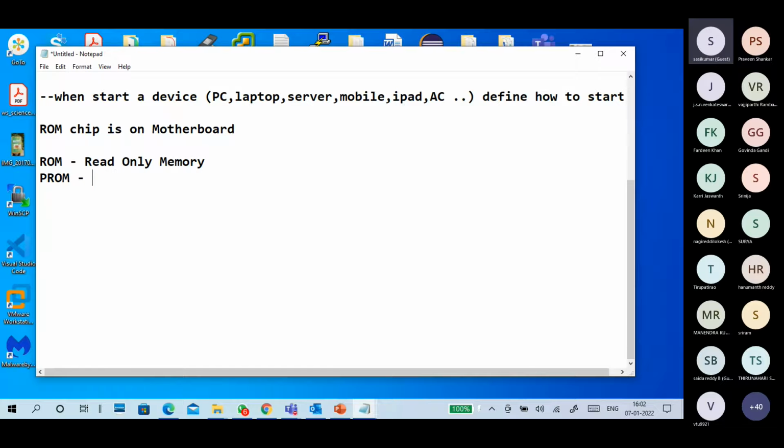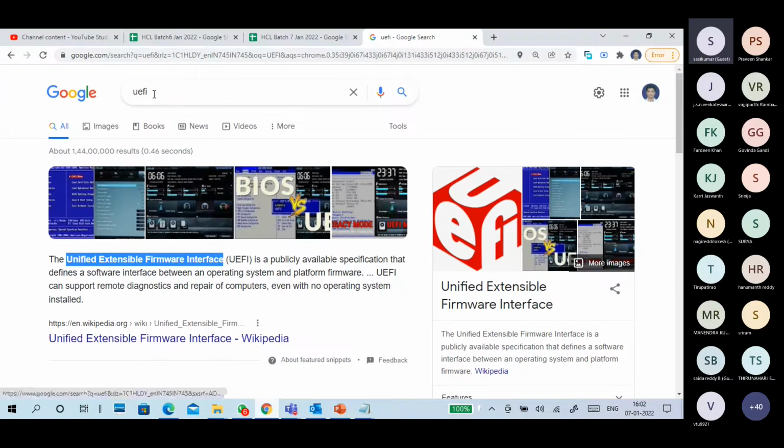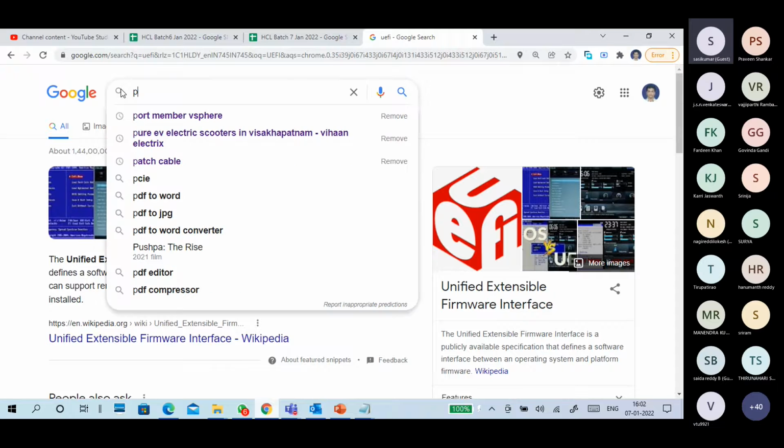What is this PROM? They will give you an empty chip, so you can program it also. Programmable ROM chip means you can take the PROM chip and program it once.